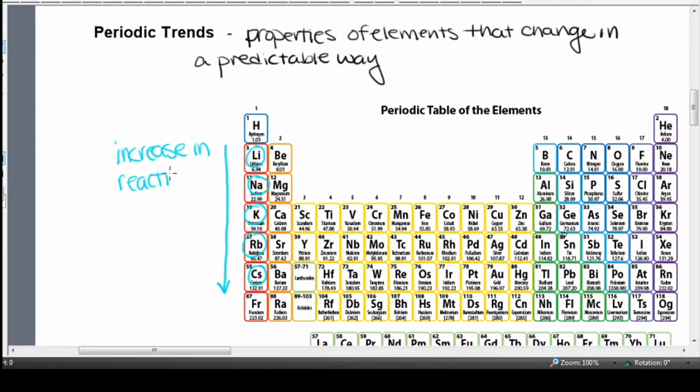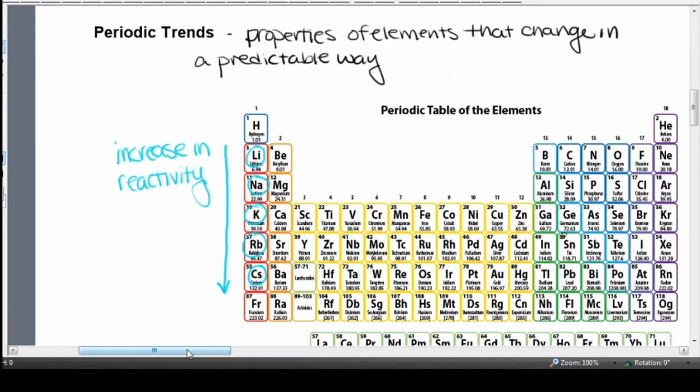They got more reactive. And the question we want to ask ourselves today is, well, why? Why do they become increasingly more reactive as we go down a group? So we're going to learn about that trend going down groups, and we're also going to learn how trends change going across the periodic table as well.